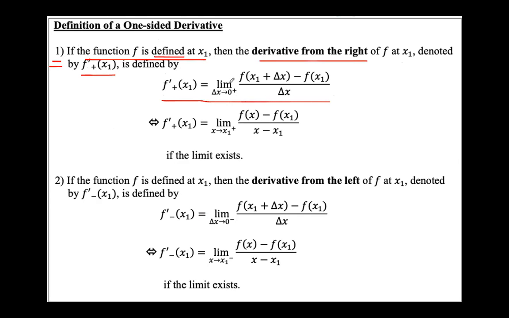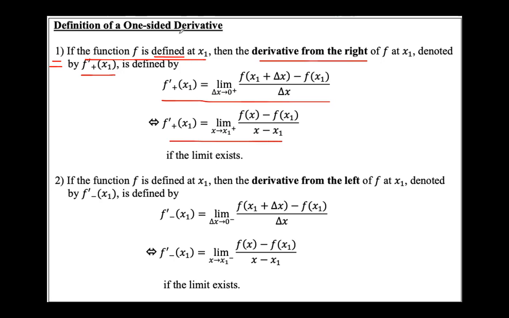This is equal to the limit of [f(x1 + Δx) − f(x1)] over Δx as Δx approaches 0 from the right. Or we can also use this formula to show that the derivative from the right exists: the limit of [f(x) − f(x1)] over (x − x1) as x approaches x1 from the right.